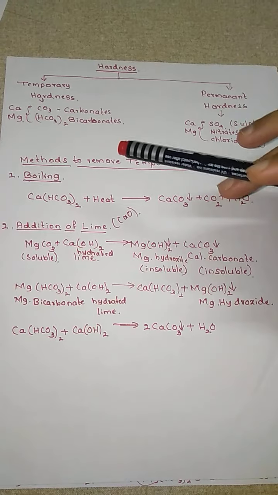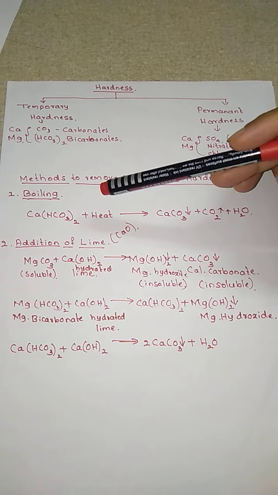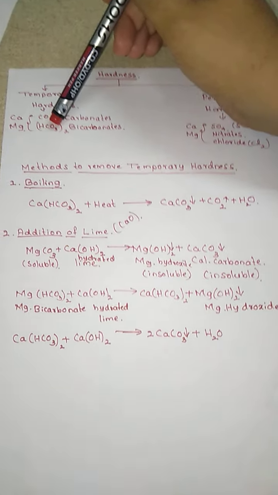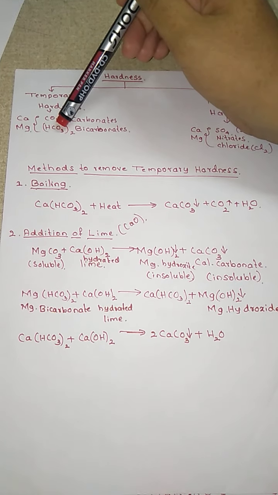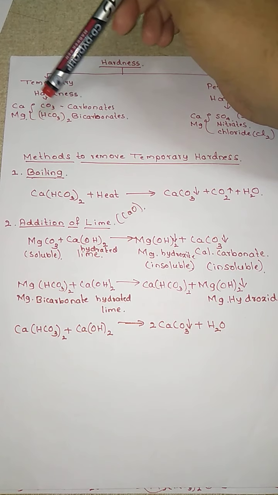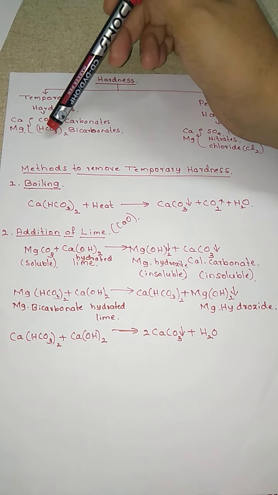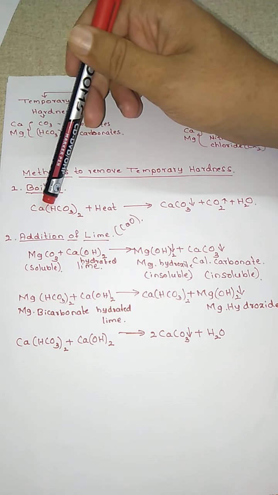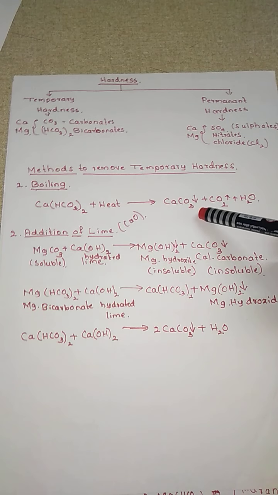Now we will see in detail how boiling helps us remove the hardness. Calcium carbonate, that is CaCO3, is only slightly soluble in water. However, usually it exists in water in the form of calcium bicarbonate. Normally the calcium bicarbonate will be present in water. When water containing calcium bicarbonate is heated, we get CaCO3, the calcium carbonate.